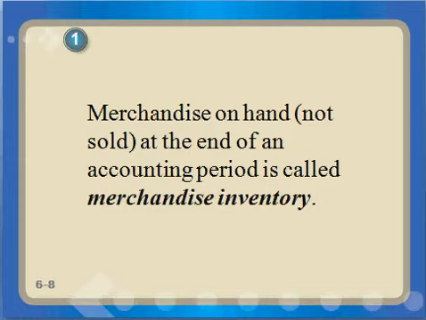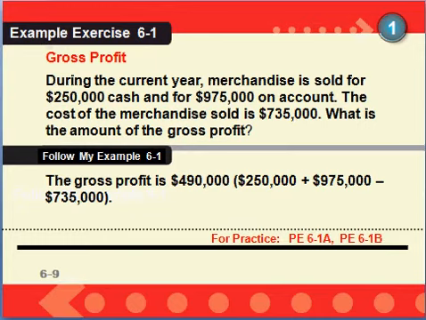Now we're going to take a look at Example Exercise 6-1. It's on page 253. They're giving us our sales. They're saying during the current year, merchandise is sold for $250,000 in cash and for $975,000 worth of merchandise on account. If we add those two together, that gives us our total sales.